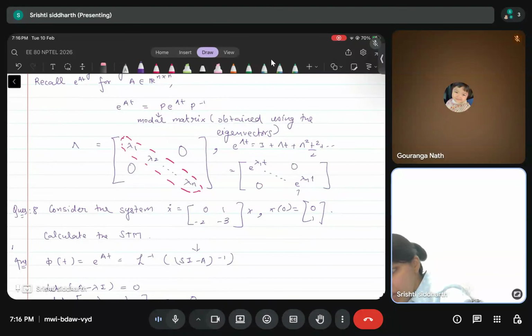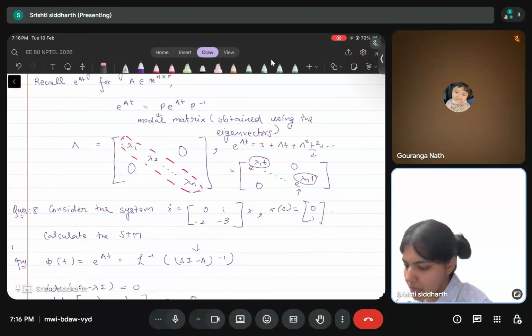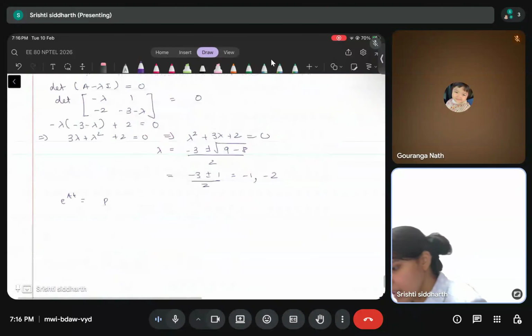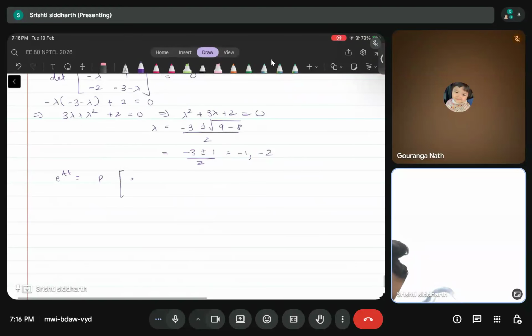But these exponentials are now exponentials of real numbers. Okay, so this is P times the diagonal matrix with e to the power minus t and e to the power minus 2t, and 0 elsewhere, times P inverse.